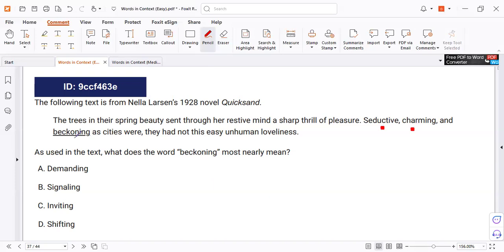Adjective, adjective, and adjective. The subject and the verb. The city is seductive, attractive, charming, beautiful, and inviting. If the city invites you, attracts you because it has a sharp thrill of pleasure, spring beauty. You catch it? Yes. So inviting, attractive.